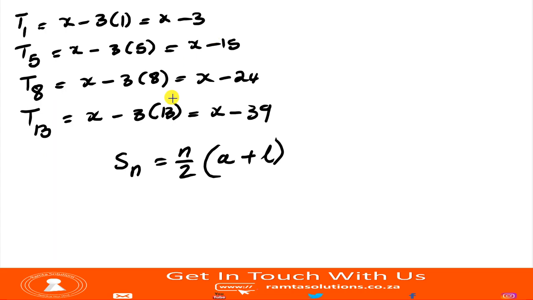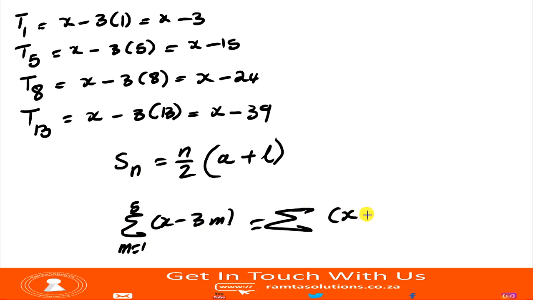So we will say the sum of x minus 3m from m equals 1 to 5 is equal to the sum of x minus 3m from m equals 1 to 8. As you can see, from 1 to 5 there are 5 terms, from 1 to 8 there are 8 terms. Remember, we will use this formula.